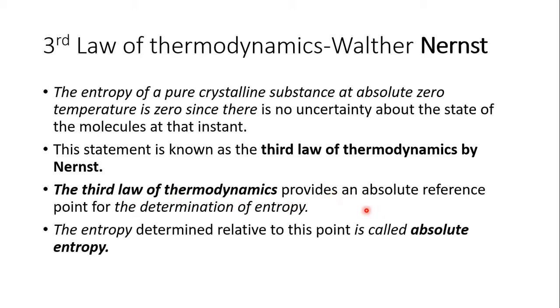It provides an absolute reference point for determination of entropy. If you consider the absolute zero value, from there you can calculate the entropy. It will be absolute entropy. The entropy determined relative to this point, absolute 0 Kelvin, is called absolute entropy. So this is the significance of the third law of thermodynamics.